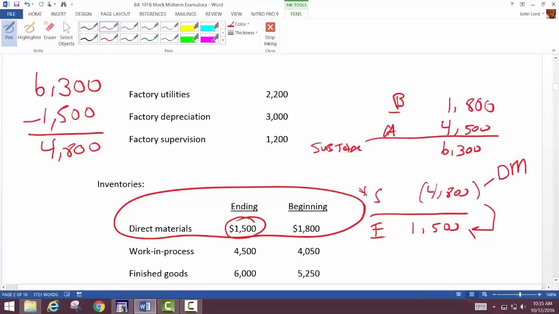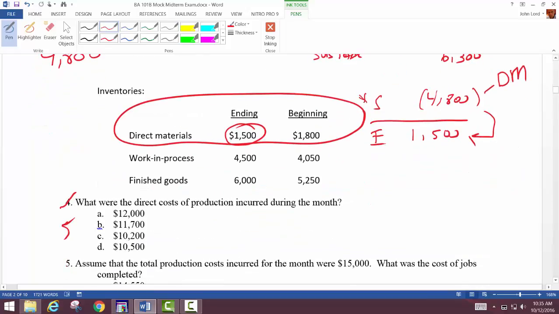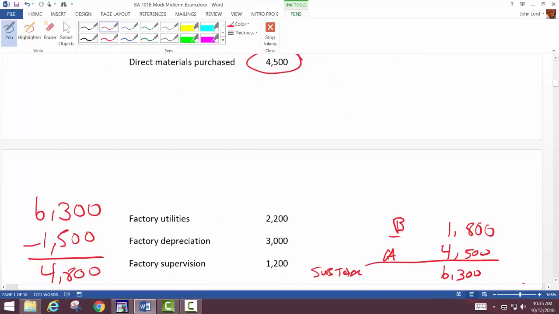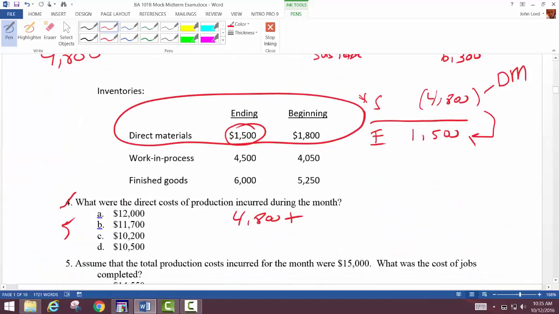If I take that 4,800 plus the direct labor up here, 6,900, my direct materials plus my direct labor should total to the answer for number 5. The answer is B, 11,700.